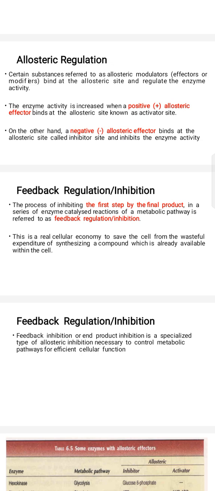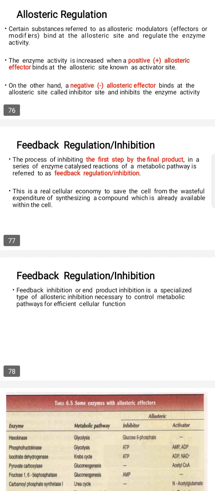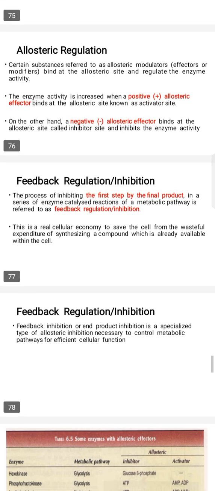The enzyme activity is increased when a positive allosteric effector binds at the allosteric site known as the activator site. On the other hand, a negative allosteric effector binds at the allosteric site called the inhibitor site and inhibits the enzyme activity. This is just simple. We have two types of allosteric effectors, the positive and the negative.